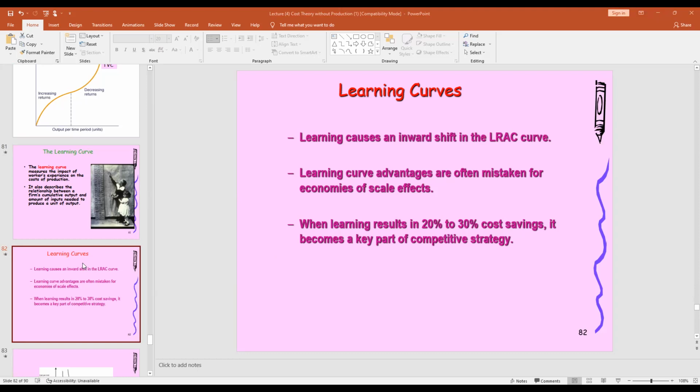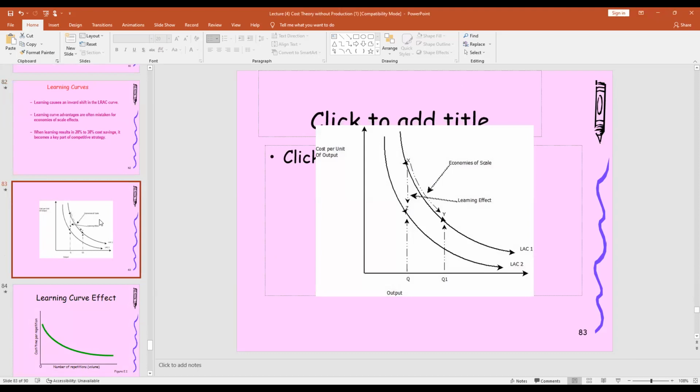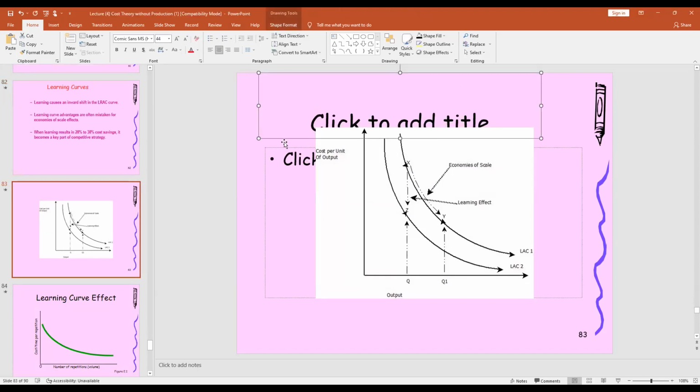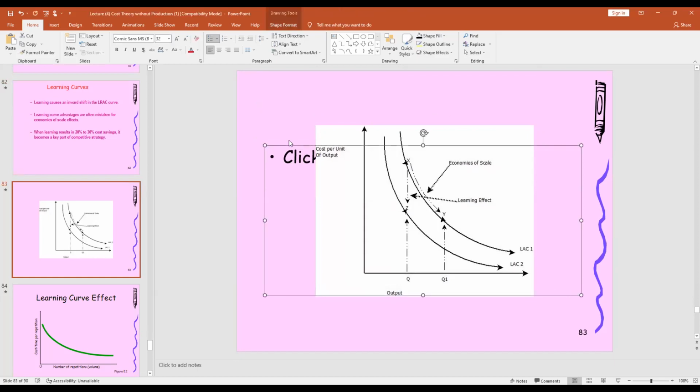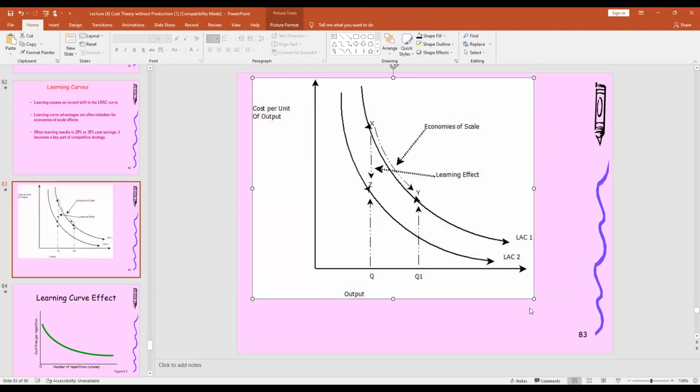That is why you are hired at higher wages if you are an experienced individual. This is also a good example. Because of the learning situation, your cost of production will shift to the left.